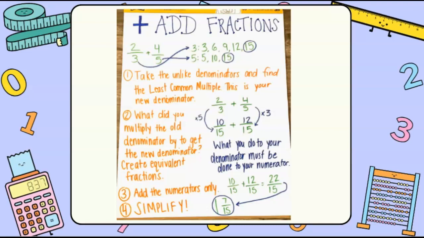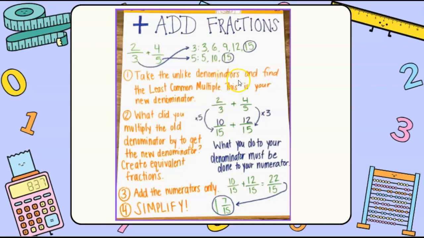We say, okay, what number, what factor do these have in common? So for example, up here, I know the number 5 and number 3. I can multiply both of those by a number to get 15. They have that factor in common, so that is going to be the least common multiple.